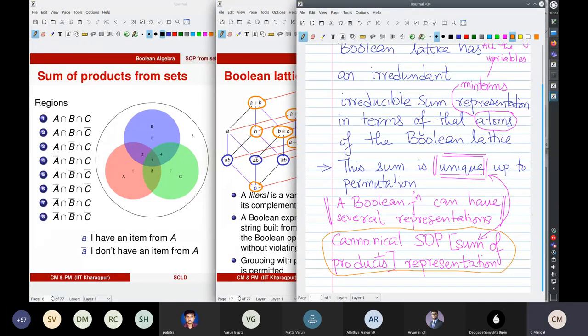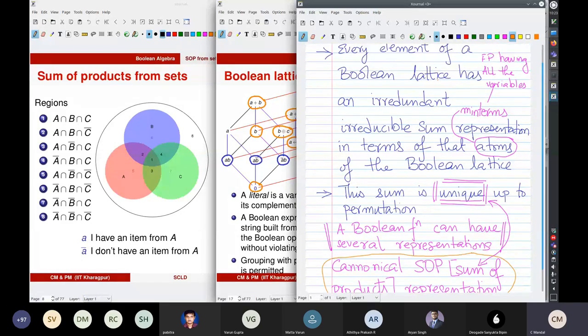Do you think it's a good idea to represent a Boolean function using its canonical sum of product representation? One advantage, of course, is that the representation is unique. So is it a good idea? Just think and reply.